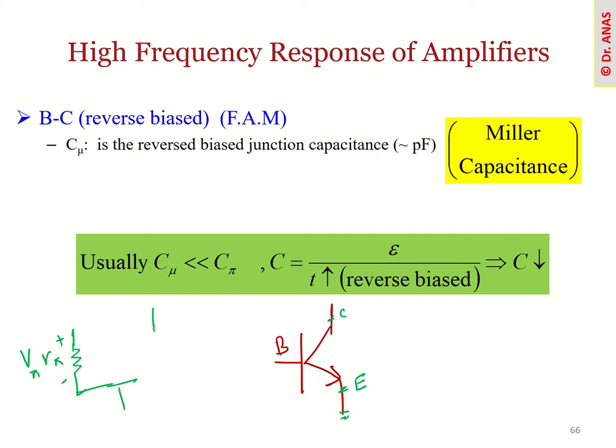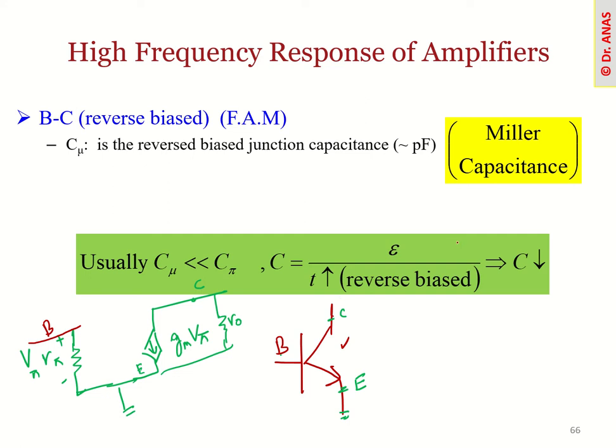Here we have the dependent current source with the value of gm times V pi at the collector side, and this is my emitter point, which is usually ground. Here we have the output resistance r o. This is the simple pi model of the BJT which we have learned earlier, and this is my base terminal.